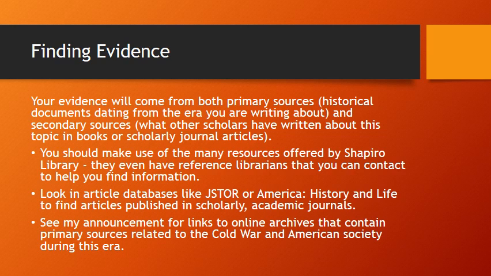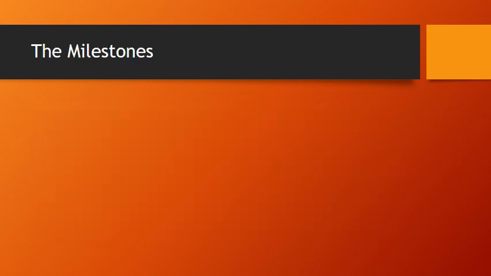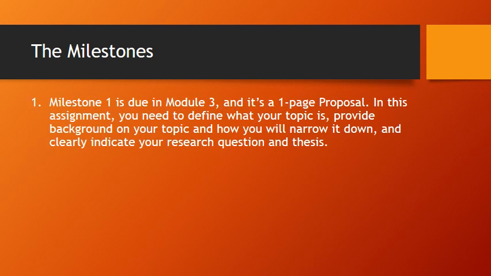All right, so what are the assignments involved in creating this research paper? There are 3 milestones that you will be completing. The first milestone is due in Module 3, and it's a 1-page proposal. In this assignment, you need to define your topic, provide a little background on it, and explain how you are going to narrow it down.